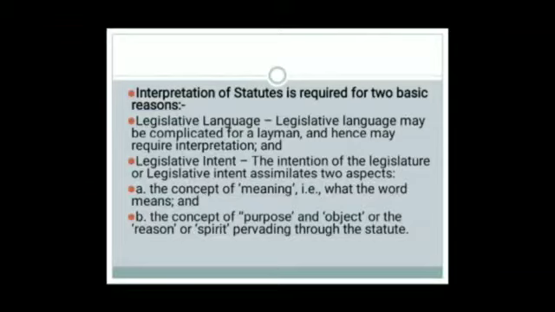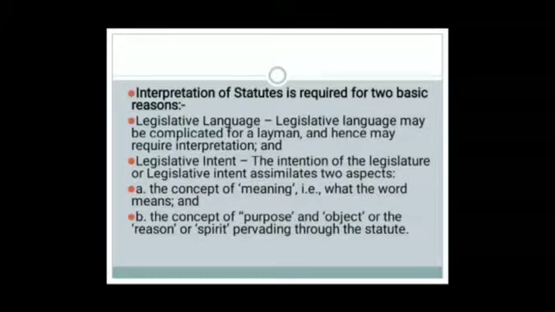For legislative language, because legislative language can be complicated for a layman, and hence we require interpretation to understand it. Not every man would understand the legislative language, right? So for that we need interpretation. Then for legislative intent, first is for language, second is for intent.